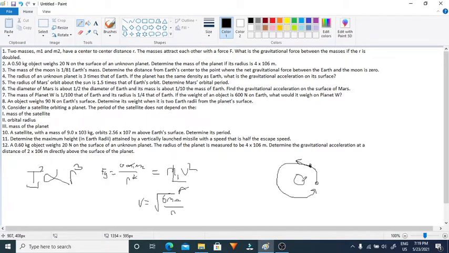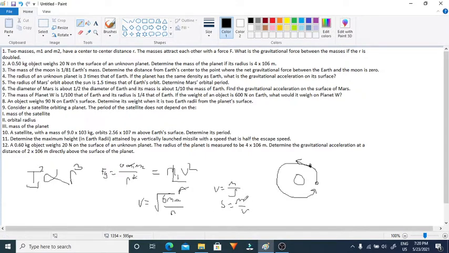So we know the total distance, and we know that velocity is meters per second, which is just distance over time, and the period is in time. So if we're trying to solve for time, we get time equals meters over velocity. And we have this term for velocity.